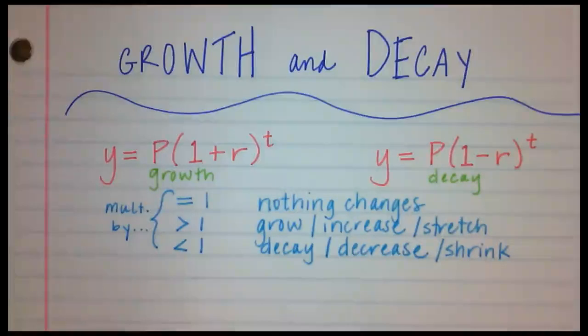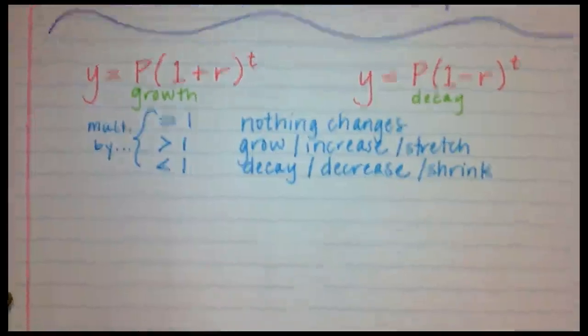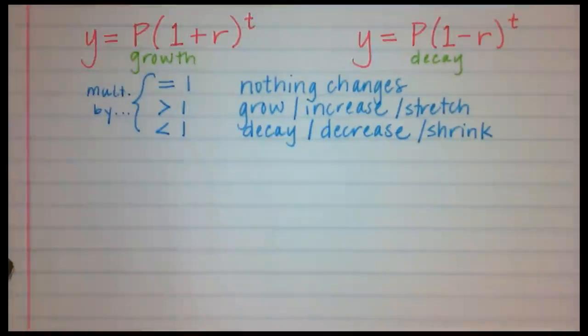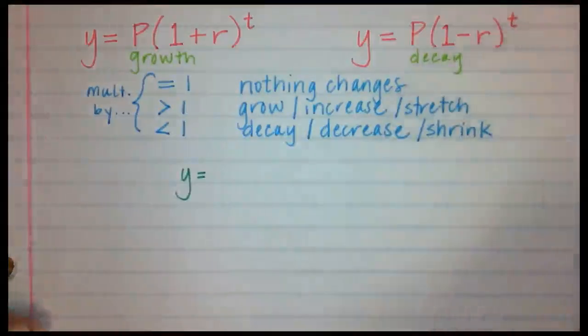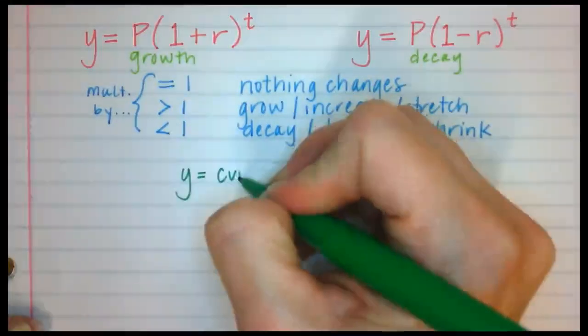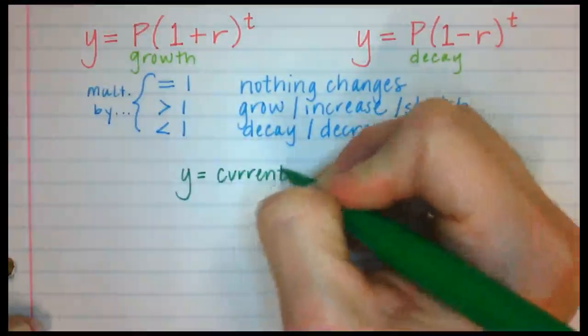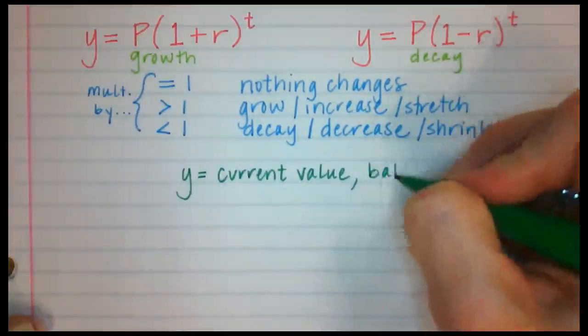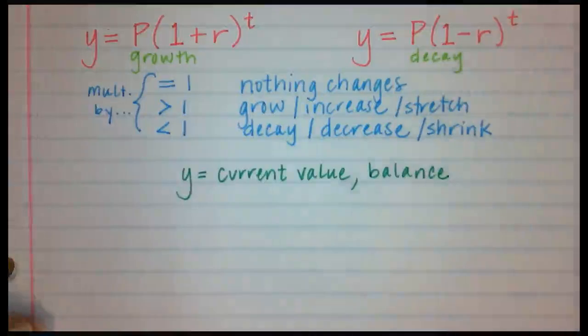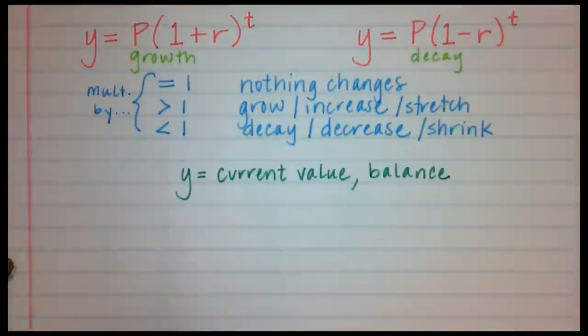All right, so now what I want to do is go through what each variable represents. First up, the y. The y is talking about the current value or the balance. Most of the time, that's what you're being asked for.